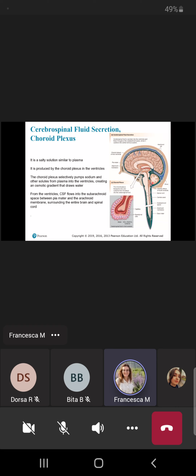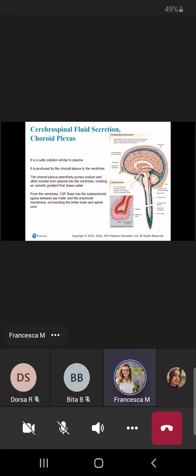Talking about the composition, it is similar to plasma. Why? Because ions, vitamins, molecules, and nutrients come from the capillary. So basically this is the ventricle. The choroid plexus, this structure, surrounds the ventricle and also surrounds the capillaries that lie close to the ventricles.